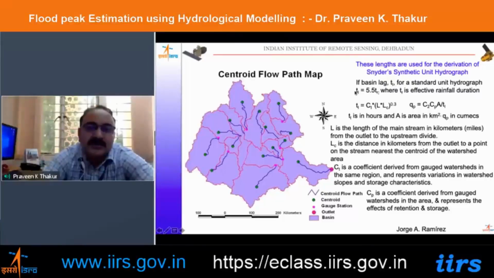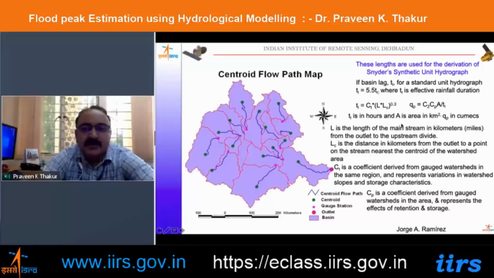If the first criterion is met, the time lag is equal to 5.5 times tR, representing the effective rainfall duration, then you can use these two formulas to calculate the time lag and peak discharge. Otherwise, there is a slight change in the standard unit hydrograph if the time lag is more than this particular relation with effective rainfall duration.